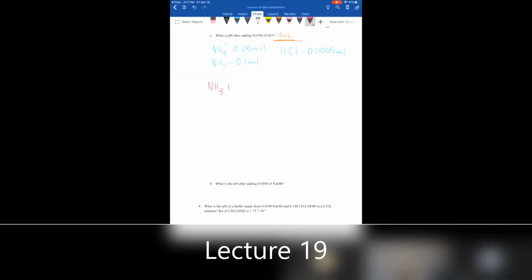I hope this doesn't confuse you, but it's going to be your NH3 which is going to react with your HCl. But in this case, you know that once you have HCl in water, it's just going to completely dissociate to H3O plus.